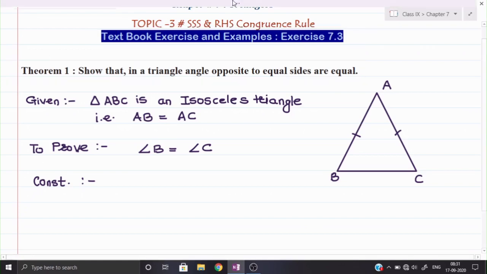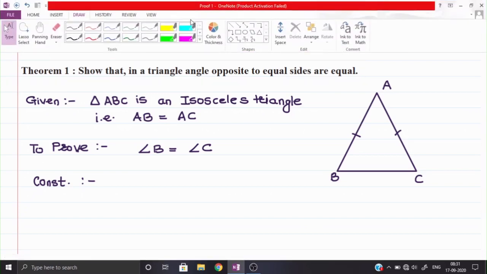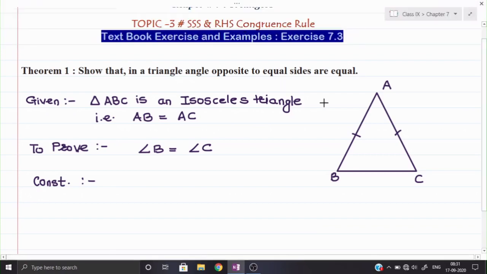Here we shall draw the angle bisector of angle A. Remember, you need to draw the angle bisector of angle A. So from the point A, I am drawing the angle bisector.